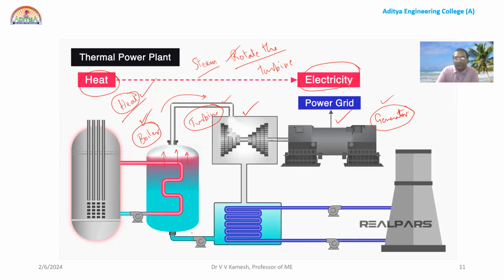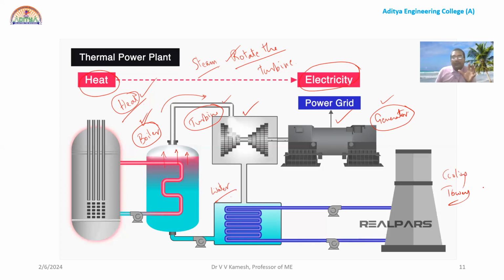Okay. So what is this attached one, right? This is related to the water circuit and this is the cooling tower, right? One by one, I will explain each and every item. Listen very carefully.